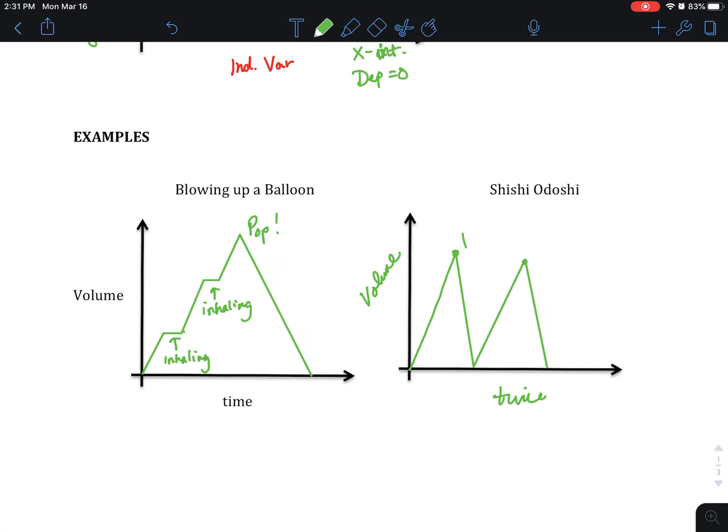So these moments are where the Shishiyodoshi is tipping. And some of you even noticed that maybe the water doesn't go completely down to 0. Maybe a little bit of water is left over in the pipe as it tips and it comes back up. But in this case, my graph is saying that the volume of water is going to 0.